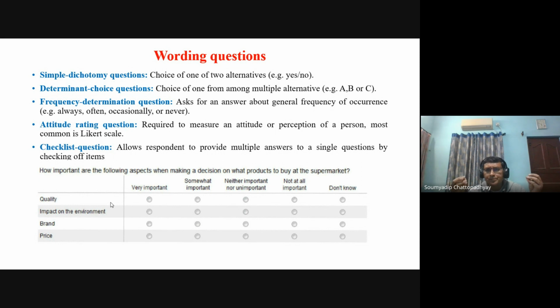Obviously if you are requiring an answer, then there are many alternatives. For example, they may be highly dissatisfied, dissatisfied, neutral, satisfied, or highly satisfied.